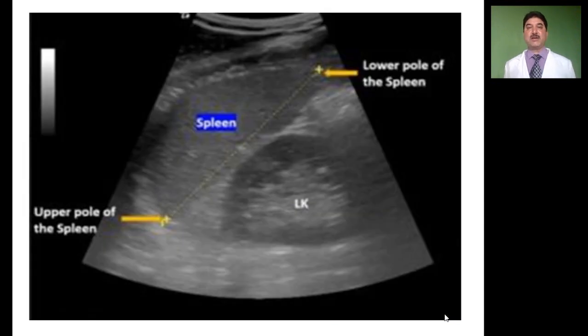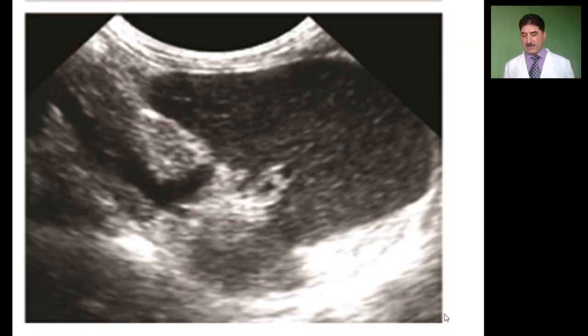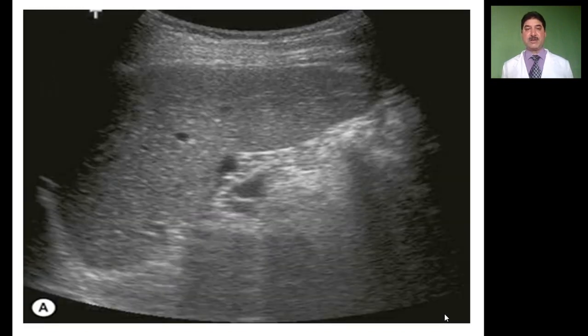What is this section? In this section, we see two poles of the spleen, the lower pole and the upper pole. The medial or upper pole of the spleen is related to the left kidney.